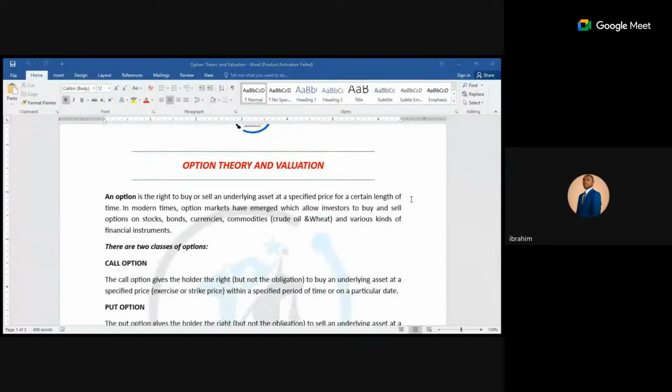Okay, that's fine. Now, option pricing and valuation. The question is, what is option?